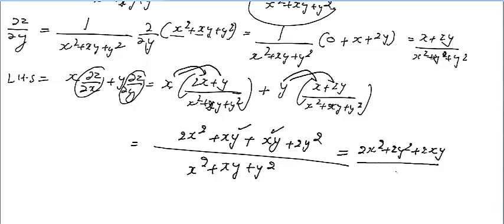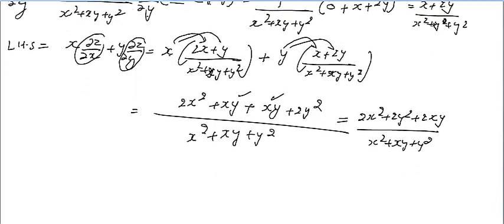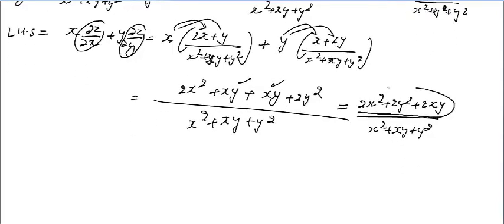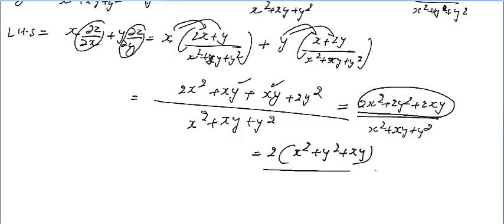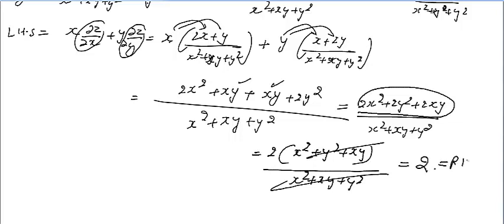So student, you have x² + xy + y² in the denominator. What do you get next? 2 is common in the numerator. You are getting 2 common, (x² + y² + xy), upon x² + xy + y². This cancels out. You are getting 2, which is equal to the right hand side. Hence proved.